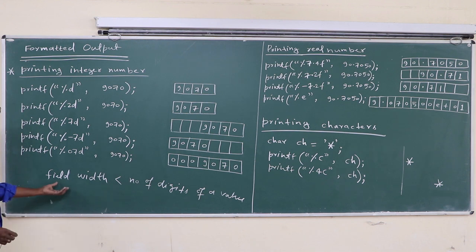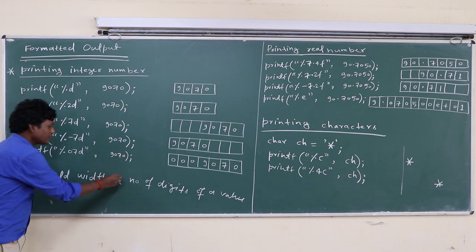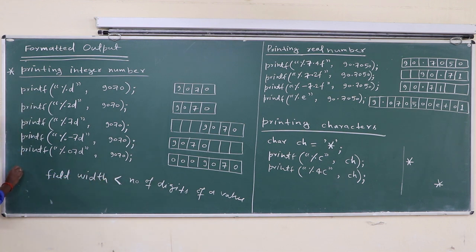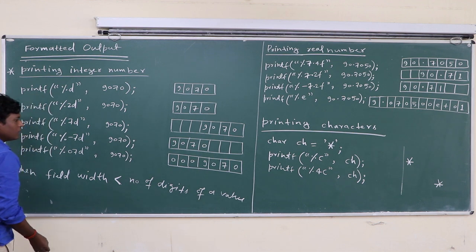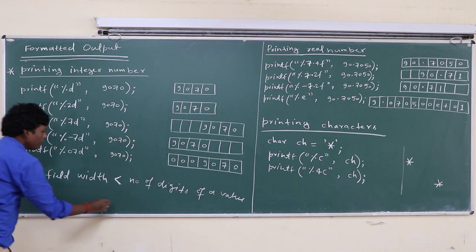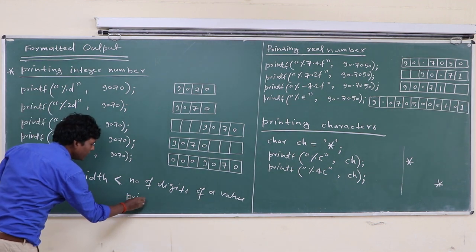Okay, when the field width is less than the number of digits of a value, print normally.